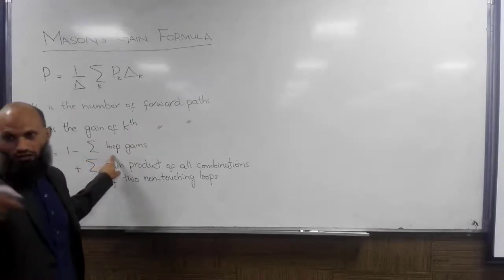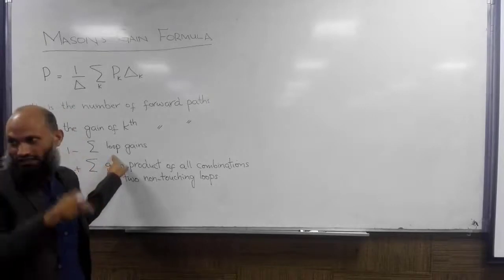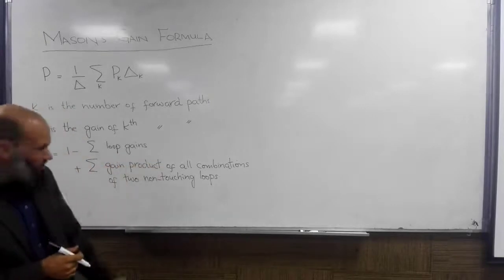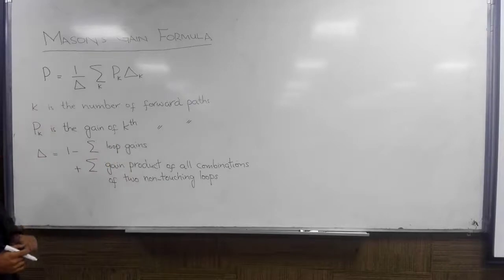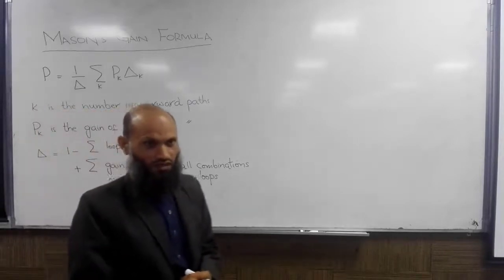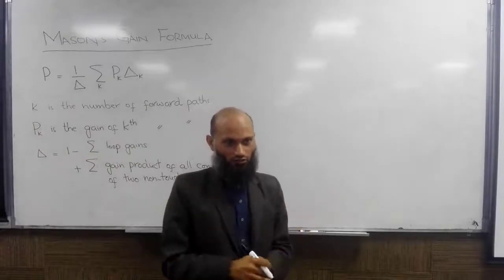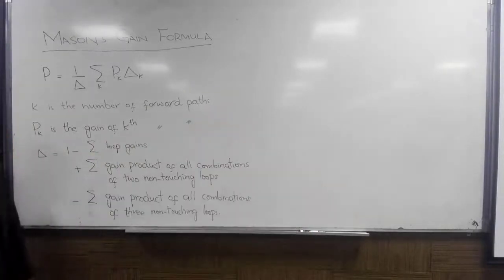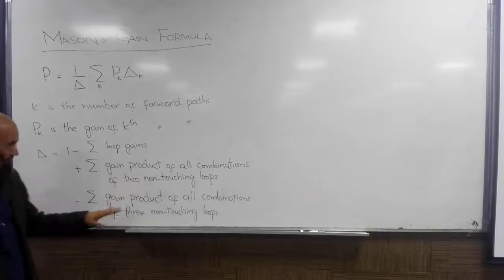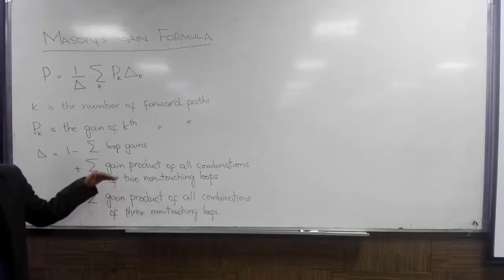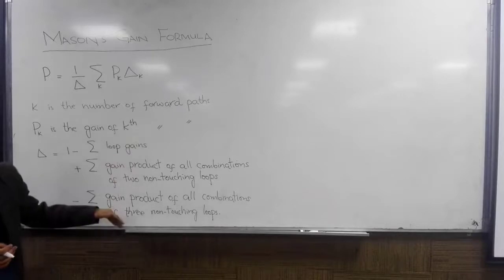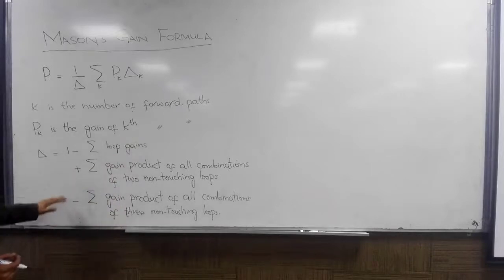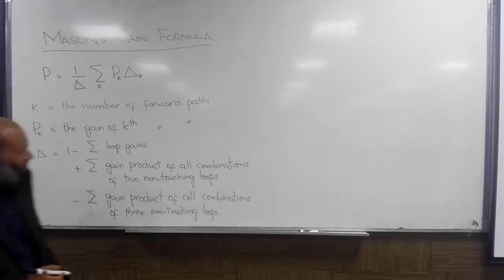You have multiple loops, each loop has a gain, and sum of all those gains is written over here. And then you can have non-touching loops, multiple non-touching loops, and so on. If you have 4 non-touching loops, then combination of 4 non-touching loops. It looks complex, but it is not that complex.